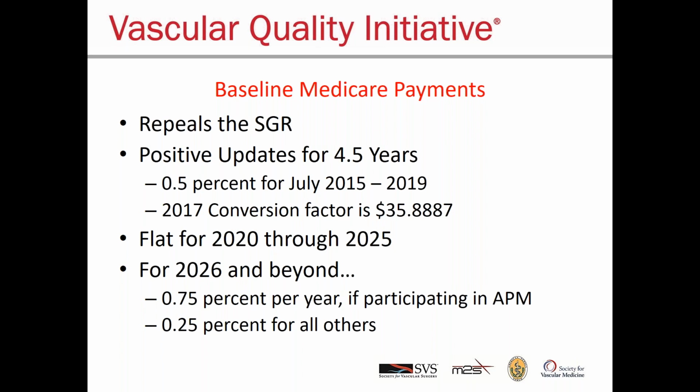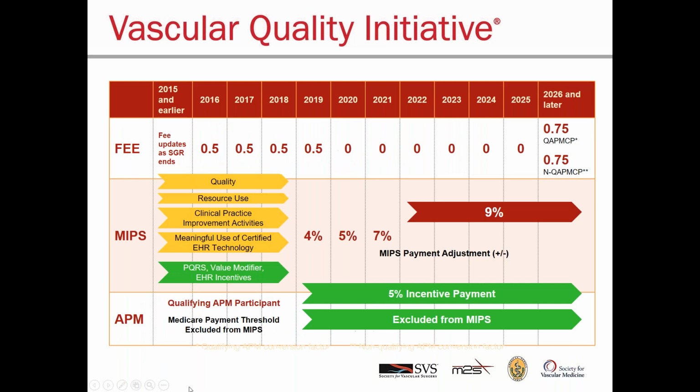So the Society for Vascular Surgery is already working very hard to create some alternative payment models that are vascular specific. Right now, just to give you a preview, we're working on one related to dialysis access, and we're working on one related to peripheral vascular disease, PAD patients. So we're very excited about that.